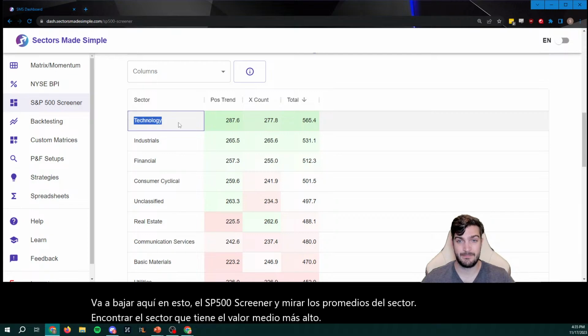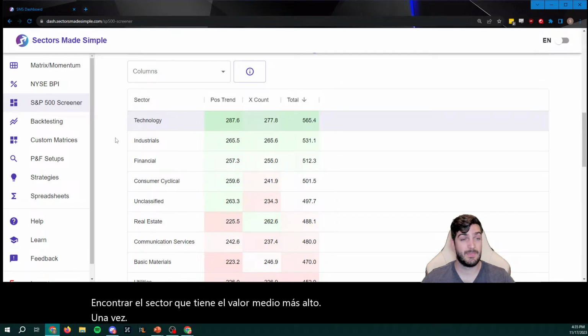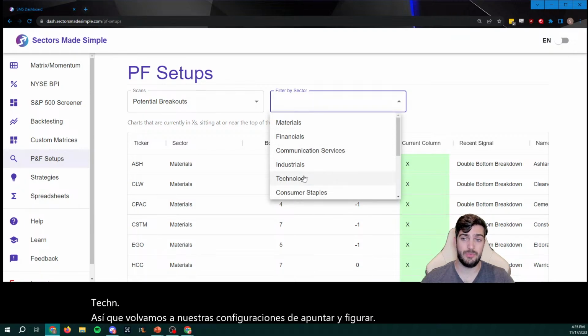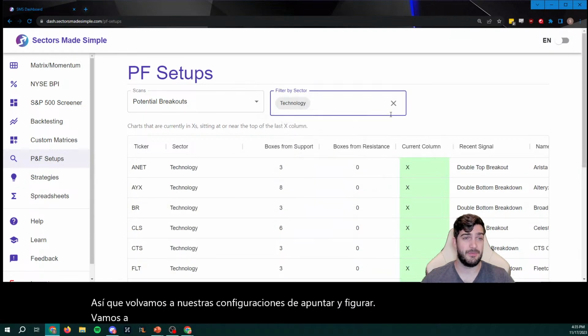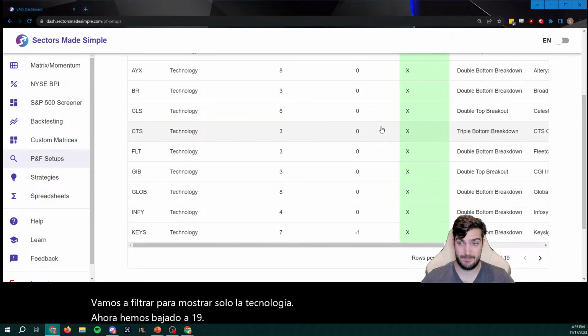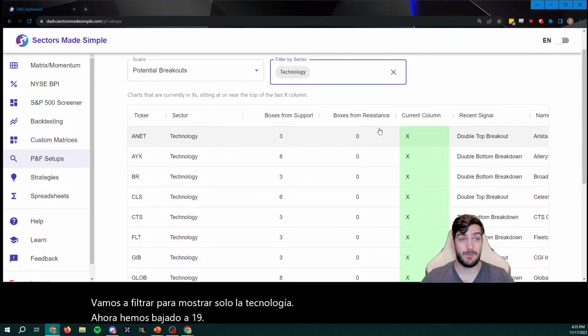Once again, technology. So, let's go back to our point and figure setups. Let's filter to only show technology. Now we are down to 19. That's better. I can work with 19.